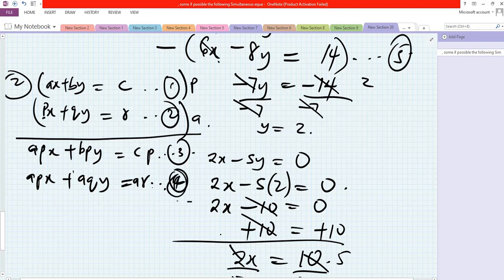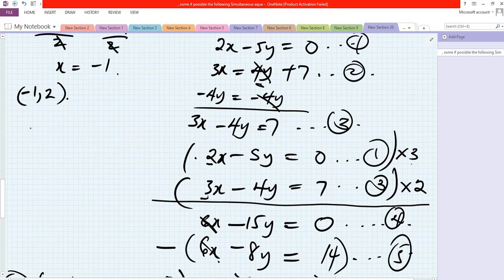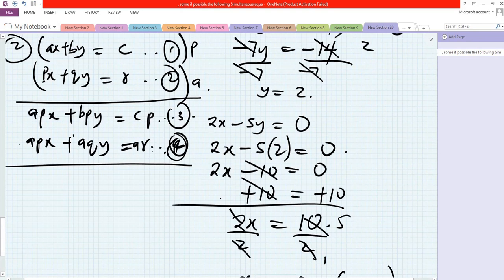Now you see the coefficient of x in equations 3 and 4 is the same. If you subtract equation 4 from equation 3, this one will cancel out because they have the same coefficient, which is ap.